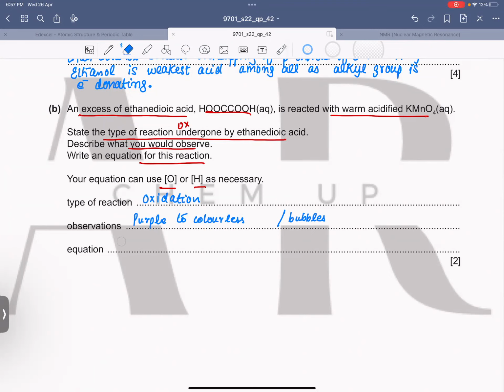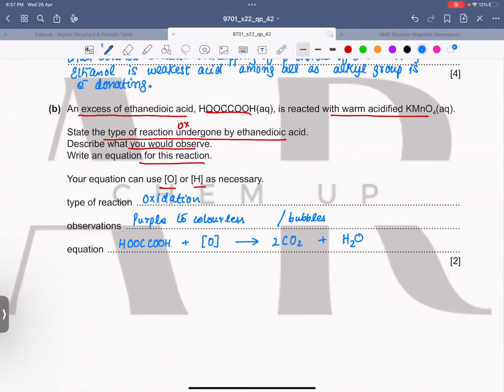Okay, so HOOCCOOH with atomic oxygen as its oxidation, and carbon turns into carbon dioxide. We have 2 carbons over here, so we put 2 over here, and the leftover hydrogens form water.